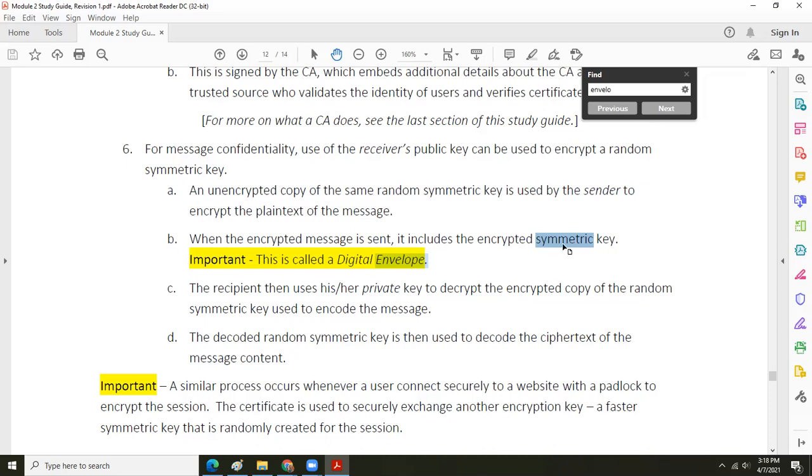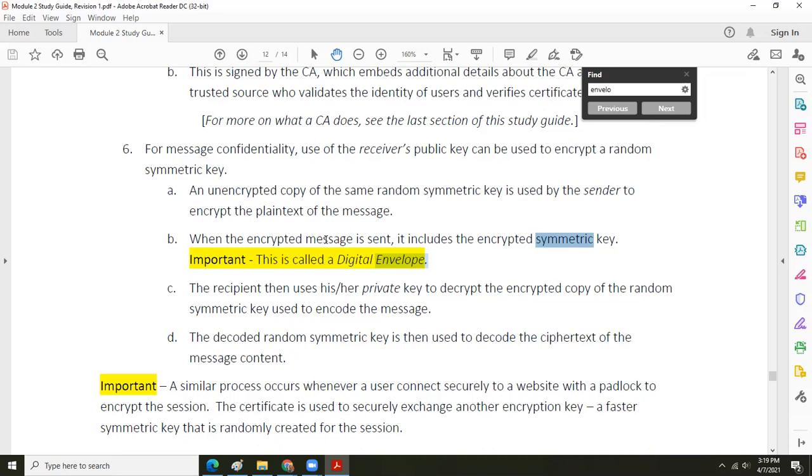And if anybody gets a copy of the key, they can read anything. So the problem is that you have to protect the symmetric key. When you're sending a digital envelope, there's a copy of the encryption key included. But you get to use that on the other end because you decrypt the symmetric key with your complementary private public key pair.